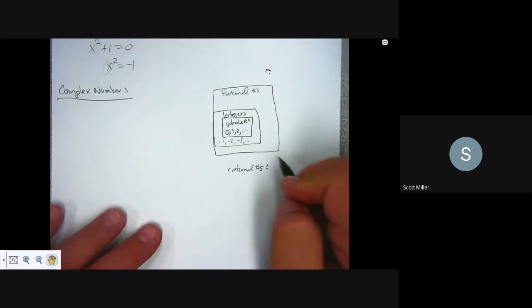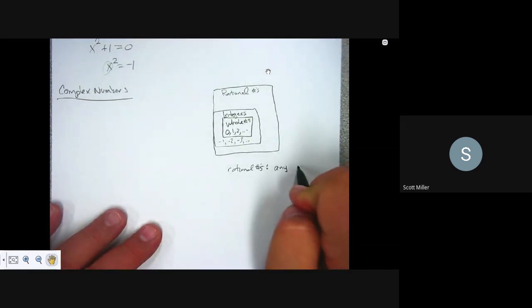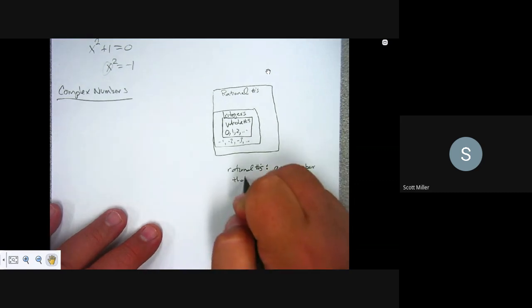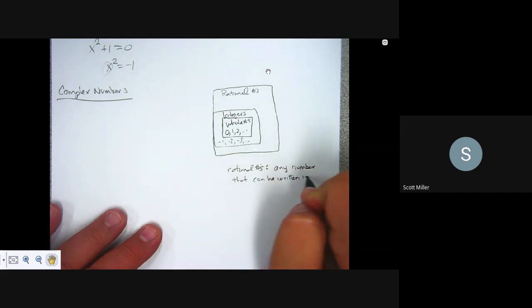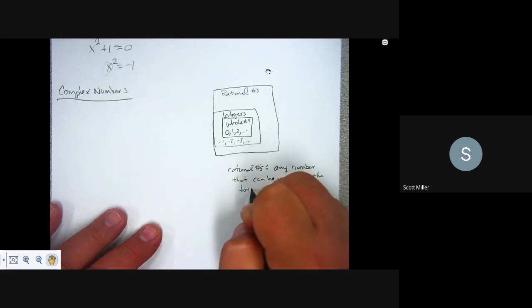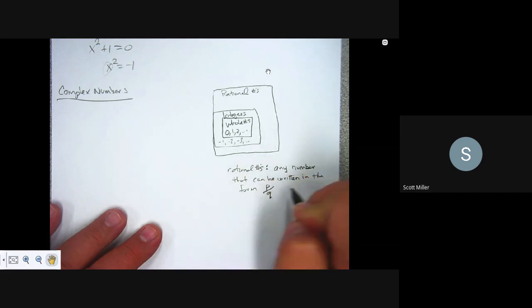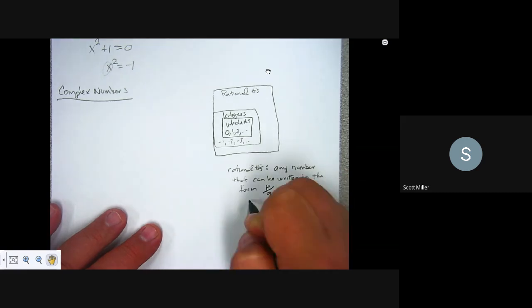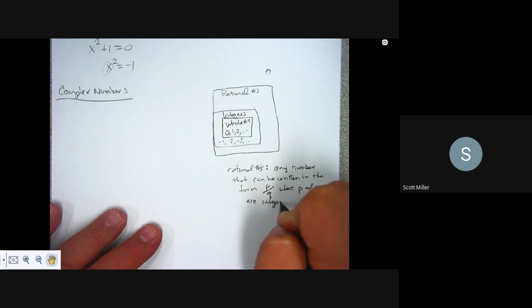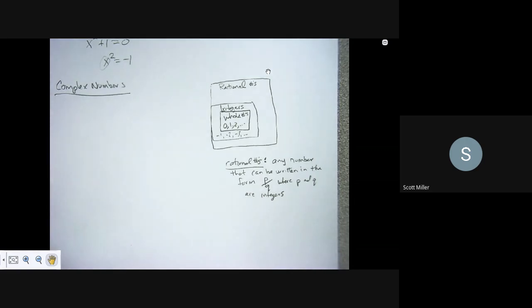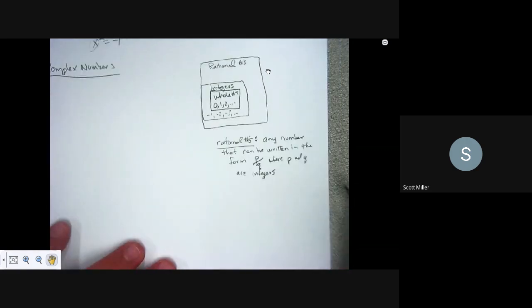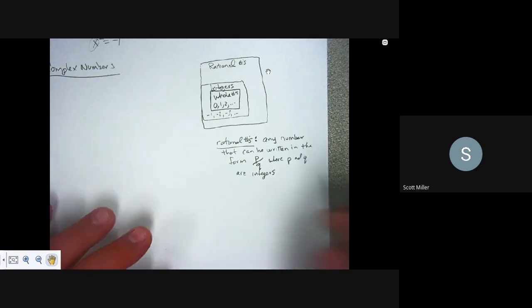One is this way: any number that can be written in the form P over Q, where P and Q are integers. So that's one way. Can I write it as a fraction?